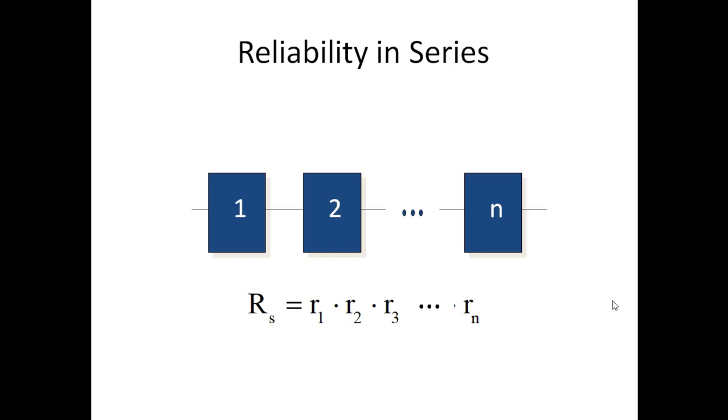So if I have two different steps that are 90% reliable and put them together, the combined system is only 81% reliable. If I take 5 steps, each of which has 90% reliability, the overall system only has about a 45% reliability. So when I'm working in series, I'm multiplying values. And since every value is a fraction, probabilities and reliabilities in series always go down.